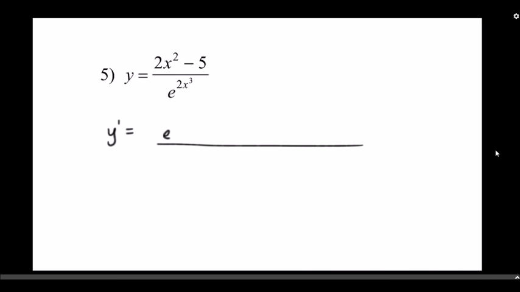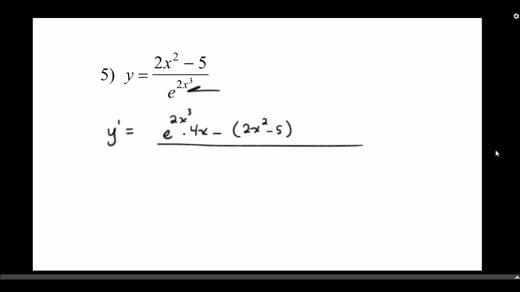So we've got low times d high minus high d low.